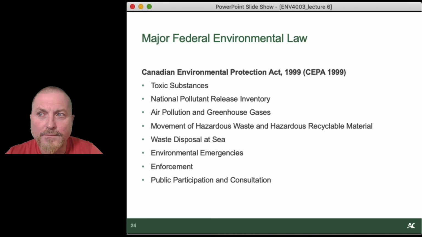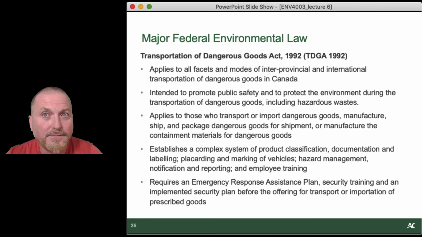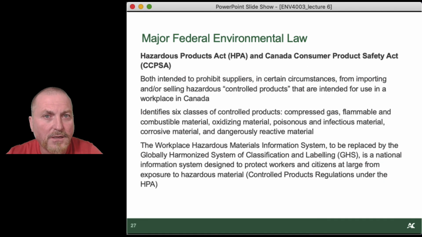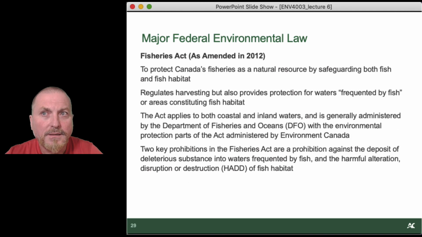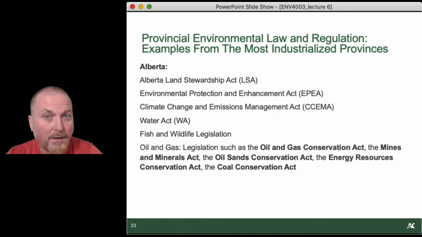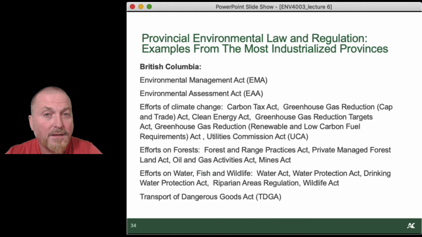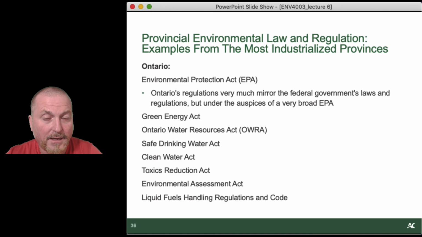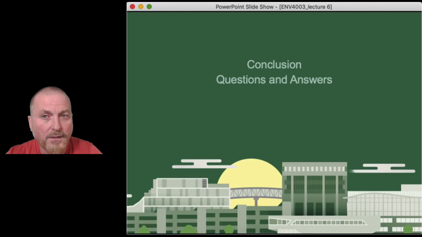We've got all of the federal acts, right? I'll let you go through these. I'm not going to spend a lot of time on these, but you see the major federal environmental laws. But we also have all the provincial environmental laws that mirror, in many ways, the federal environmental laws, okay? Now, you have these slides, so I'm not going to talk through all of these, but you get the context of what I'm talking about here.